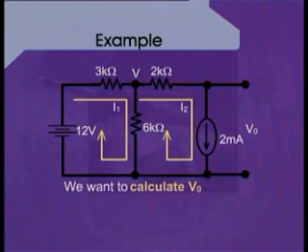We name this current as I2, and now because there is one current source which is attached into mesh 2, therefore we can simply write I2 is equal to 2 milliamperes, which is the value of the current source attached into mesh 2.